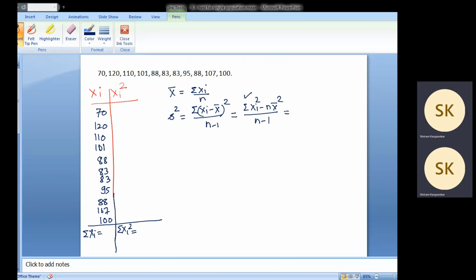So now I directly find the total using the scientific calculator. I have a calculator FX 991 MS. So there should not be any mistake in the calculation.